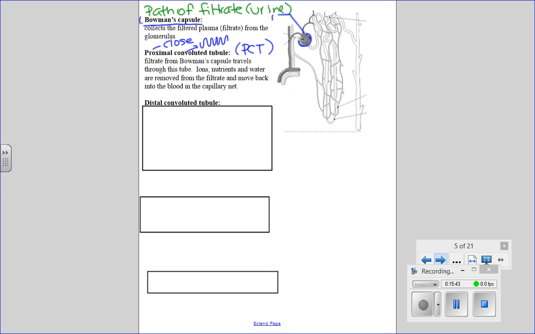So on the diagram, the proximal convoluted tubule starts at Bowman's capsule and does a pretty awesome little windy bit. So this is the proximal convoluted tubule.